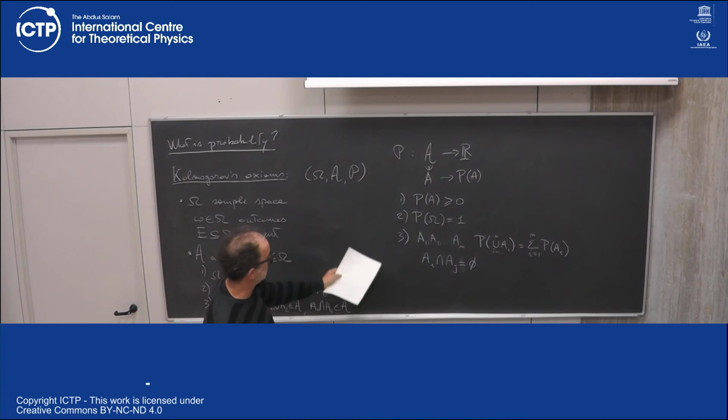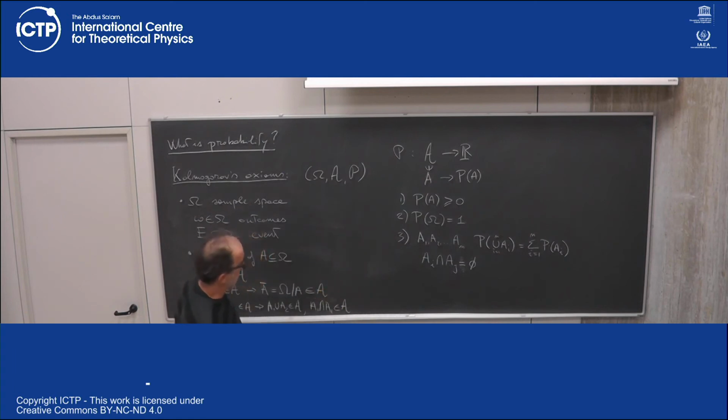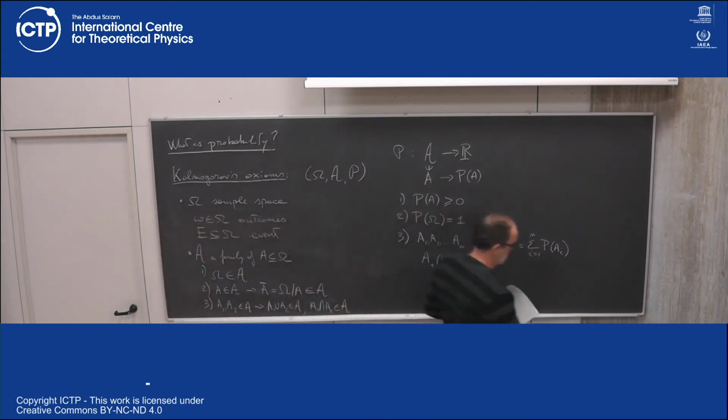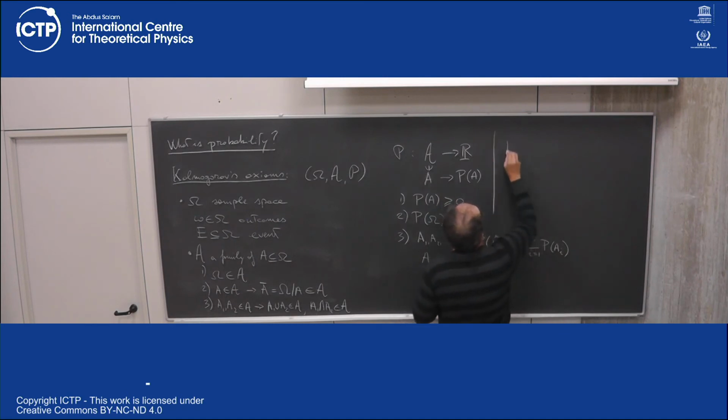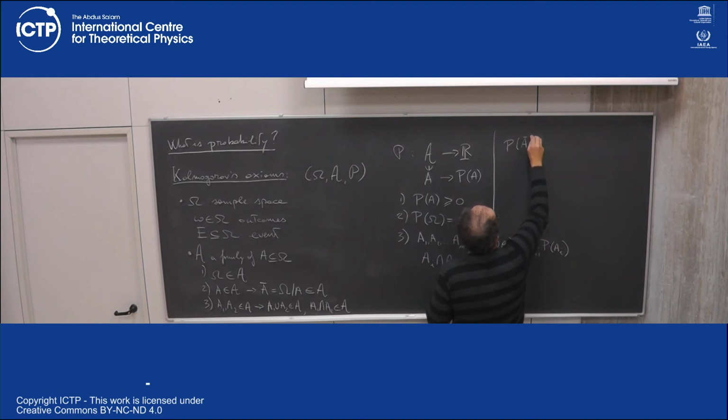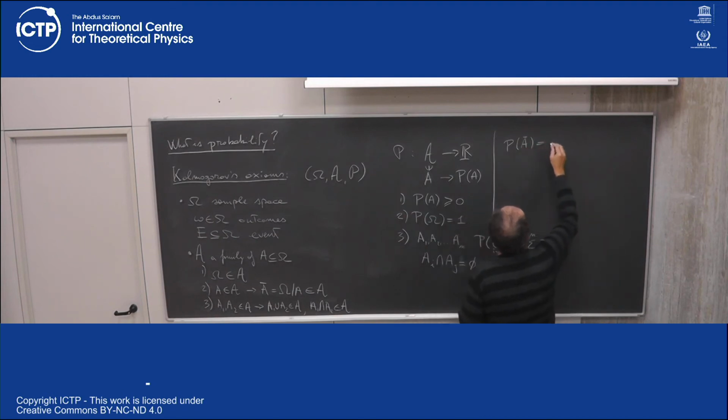For example, from these properties, you can derive many other properties. So, for example, it is easy to see that the probability of the complementary of an event is equal to 1 minus the probability of the event.